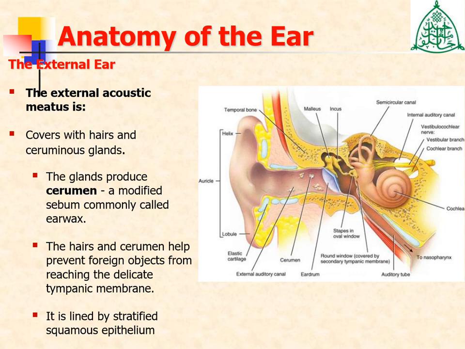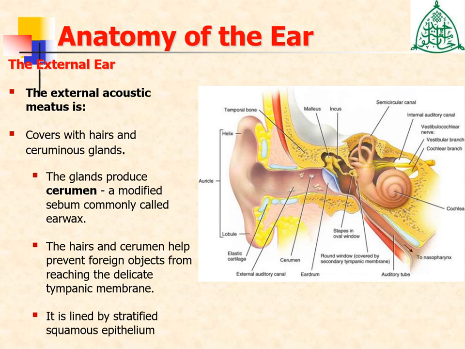The tympanic membrane needs protection, because if dust or foreign substances manage to touch it, it may cause problems. Therefore, the presence of the hair, together with the waxy secretions from the ceruminous glands, protects the eardrum from foreign substances.